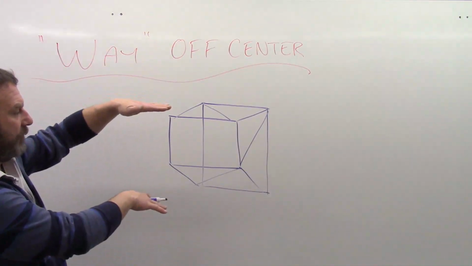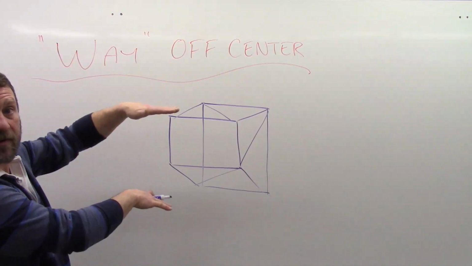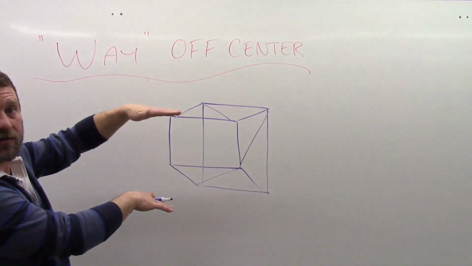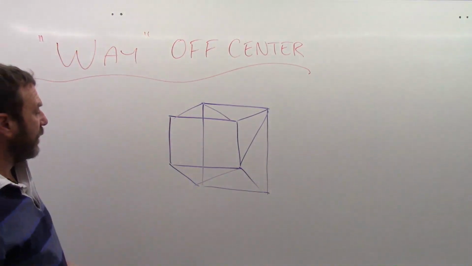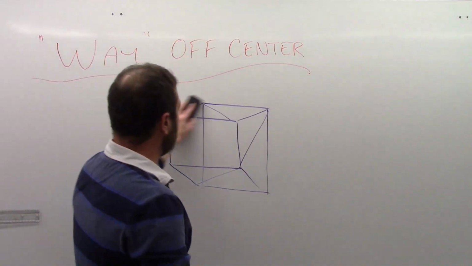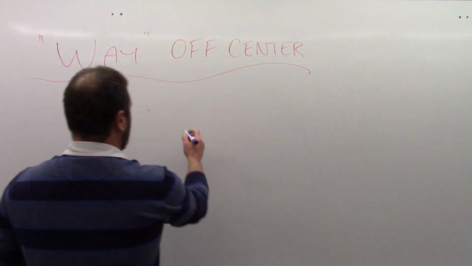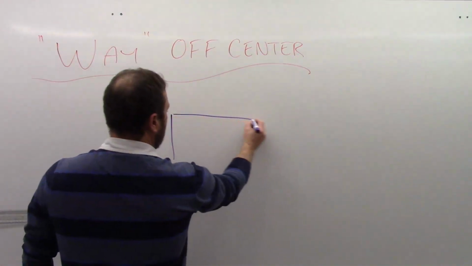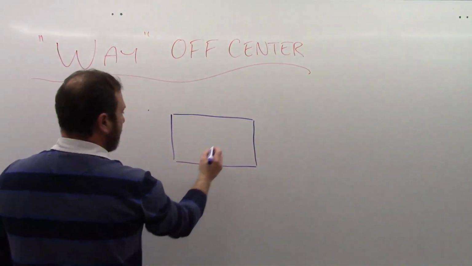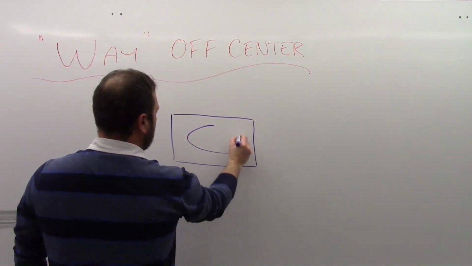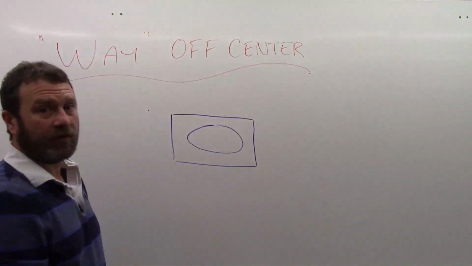Parallel top and bottom. The ends need to be parallel for us to use plan view triangulation. Other than that, the sky's the limit. You can draw whatever shapes you want and triangulate that. You can make really weird shapes. We can go square to oval.